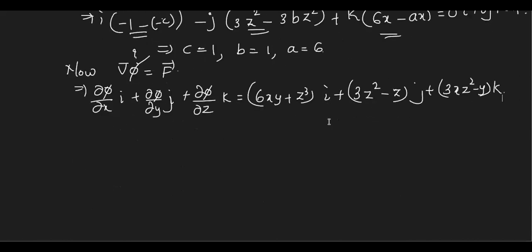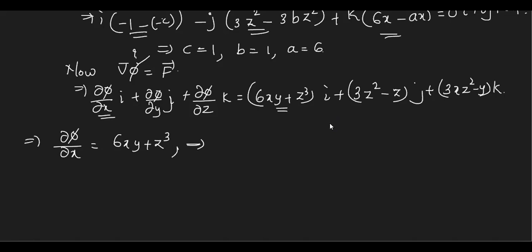Two vectors are equal, so what is the next step? Equate the corresponding i, j, k coefficients. Dou phi by dou x is equal to the i coefficient, 6xy plus z cube. Integrate it. Do you remember the procedure of finding phi?